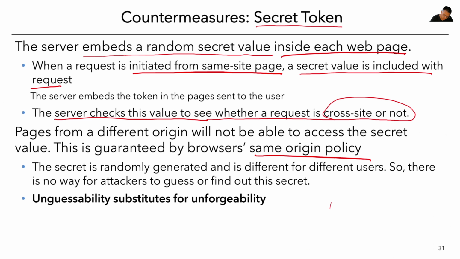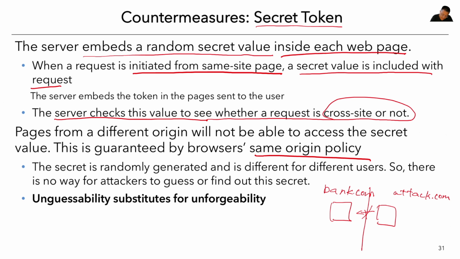The same origin policy basically enforces the isolation between two websites with different origins, right? So if we look at this, this will be attack.com, this will be bank.com. So attack.com cannot look into the web page of bank.com and retrieve the secret token here.